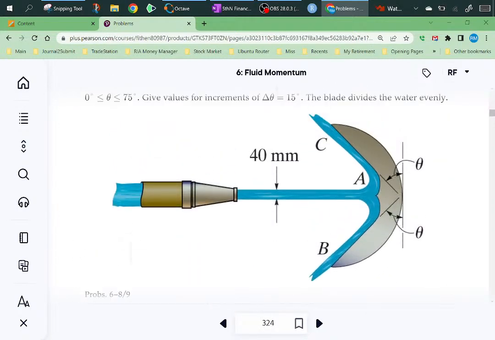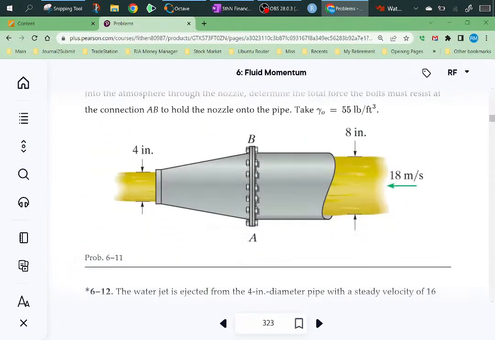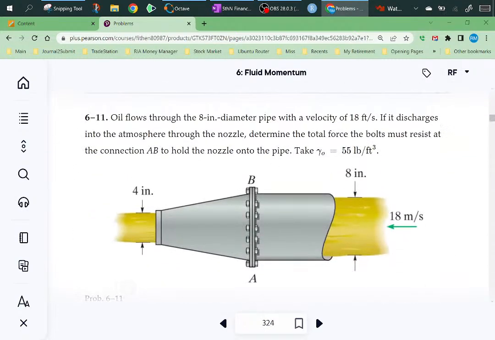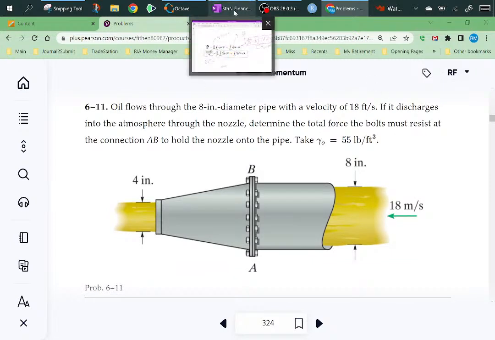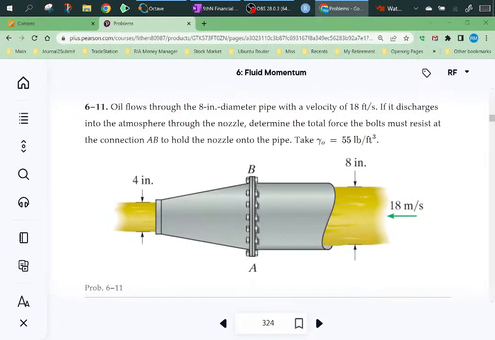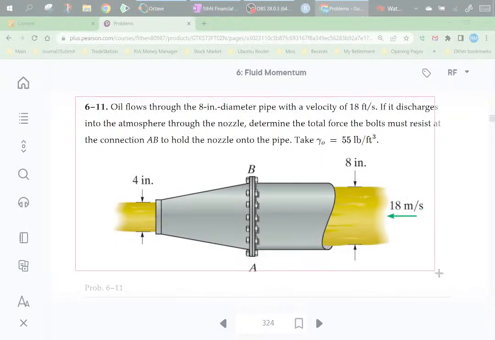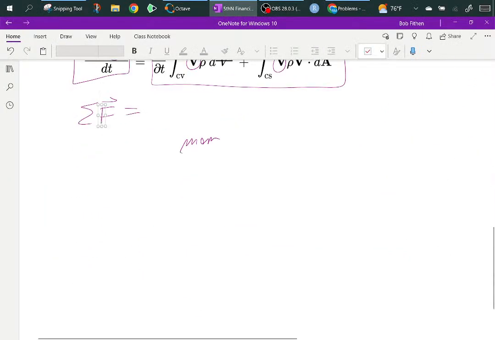I guess for lack of a better thing, let's see what this is. Oh, here we go. This is probably good. If there's a better one, we'll figure it out later.